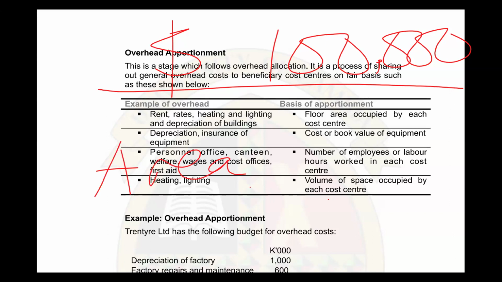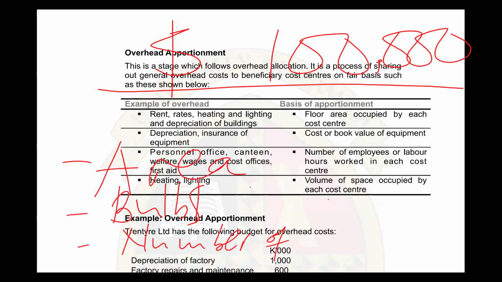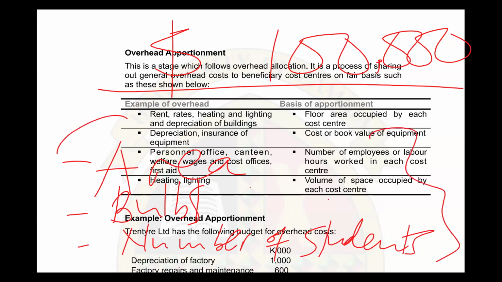Or according to the number of bulbs in each school for lighting? I've given these three bases, the number of students, or number of employees, whatever you want to say. Just from your own thinking, what do you think would be the most appropriate basis of sharing this cost for rent?